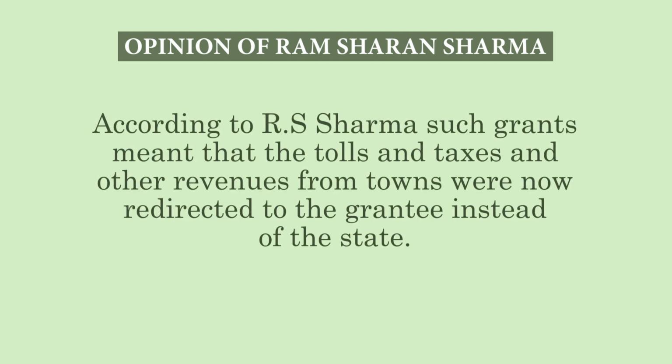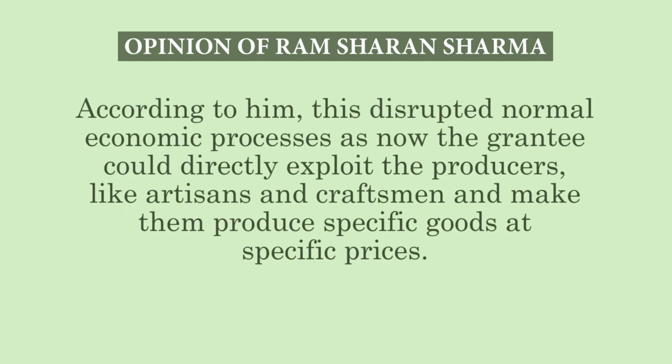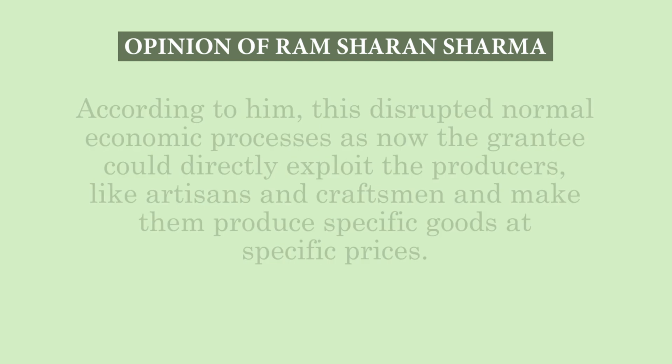According to Sharma, such grants meant that tolls and taxes and other revenues from towns were now redirected to the grantee instead of to the state. According to him, this disrupted normal economic processes, and now the grantee could directly exploit the producers, like artisans and craftsmen, and make them produce specific goods at specific prices.